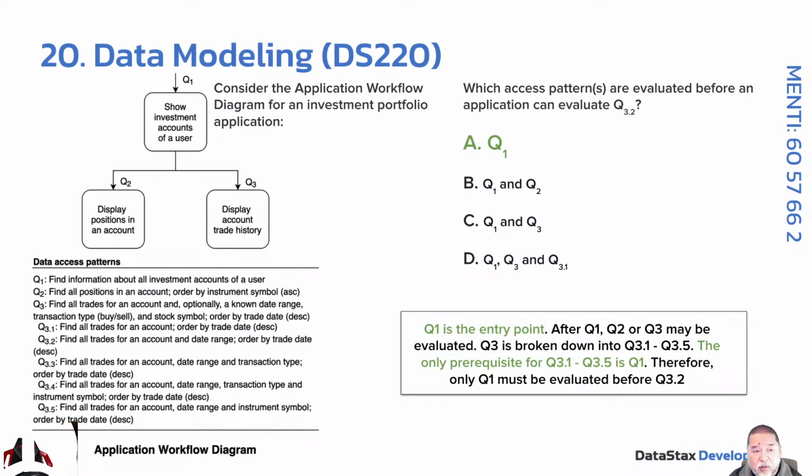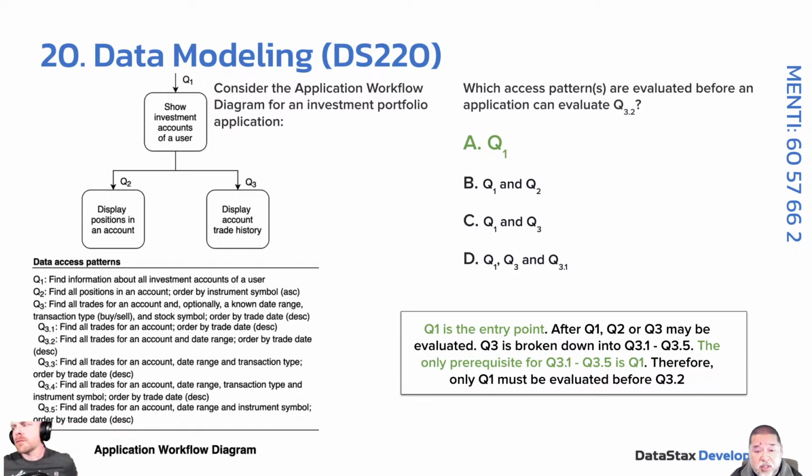If you look at the diagram, the entry point is query 1, show investment accounts of a user. From that, you can go from query 1 to either query 2 or query 3. In this diagrammatic form, Q2 is not a prerequisite for Q3. Q1 is the prerequisite for Q3, and Q1 is the prerequisite for Q2.